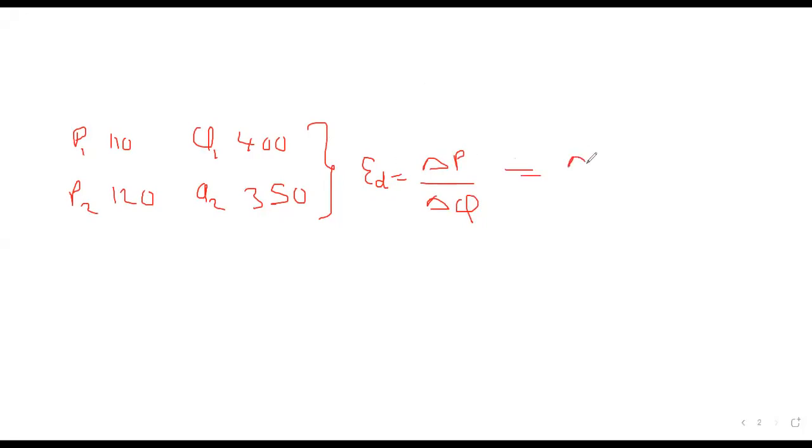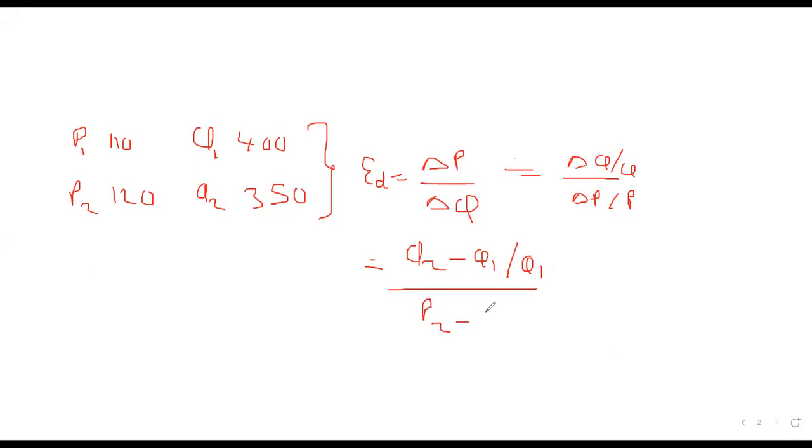So it's change in quantity divided by quantity itself, over change in price divided by price. Price divided by P1, yes. So Q2, please don't swap these ones. Q2 minus Q1 divided by Q1, over P2 minus P1 divided by P1.